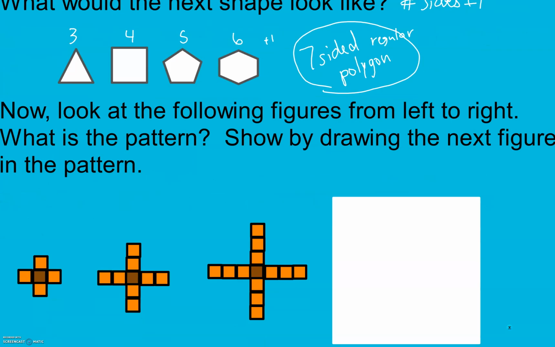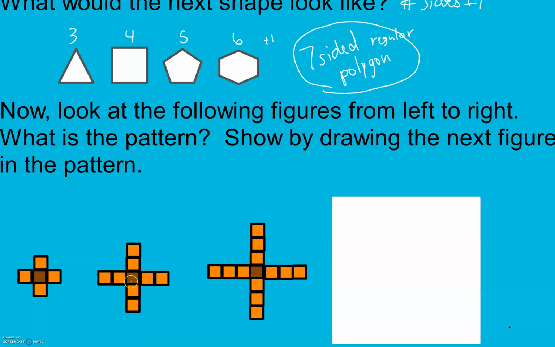Now feel free to pause here and give this a try if you'd like. Look at the following figures from left to right. What's the pattern? And then show by drawing the next figure in the pattern. So if we look here, first we have a brown square in the middle and then 1 orange on each side.